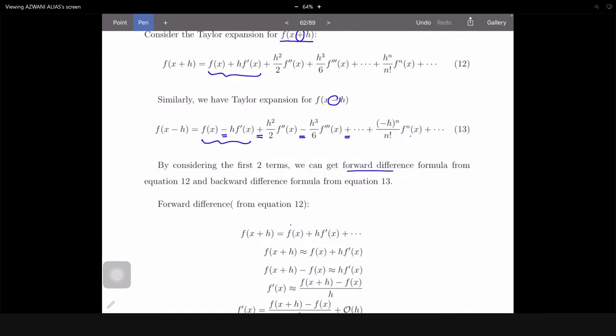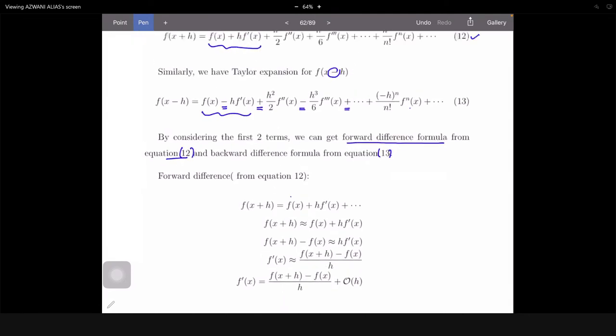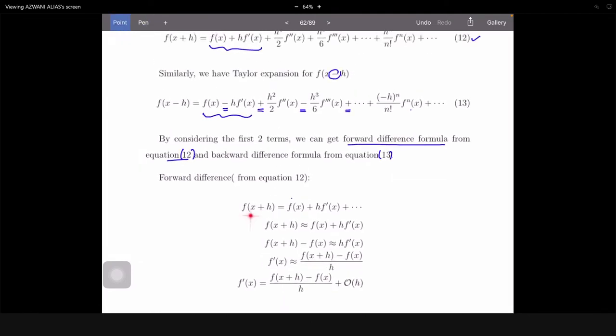We can get the forward difference formula from equation 12, and the backward difference formula from equation 13. How do we get it? It is actually a rearrangement. We just take the first 2 terms, and we want to get f prime of x. Why is it an approximation? Because we have dropped the remaining terms. Supposedly the Taylor expansion has more terms, but we dropped them, so it is an approximation since we only take 2 terms. So we rearrange, and finally we get the forward difference formula.